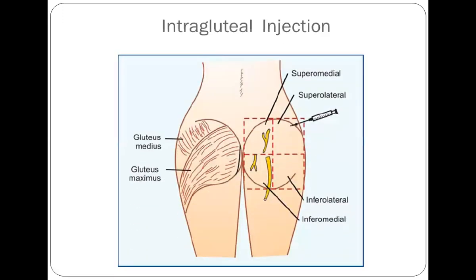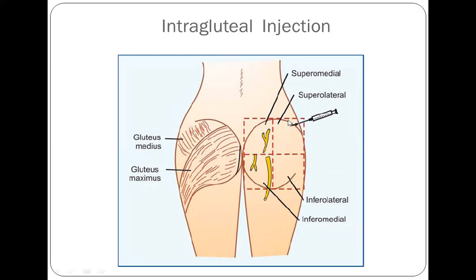So let's go back to our clinical question. When a patient comes for intramuscular injection, you know that one site of intramuscular injection is in the gluteal region. Based on this diagram, you can see the syringe is placed at a particular quadrant in the gluteal region.